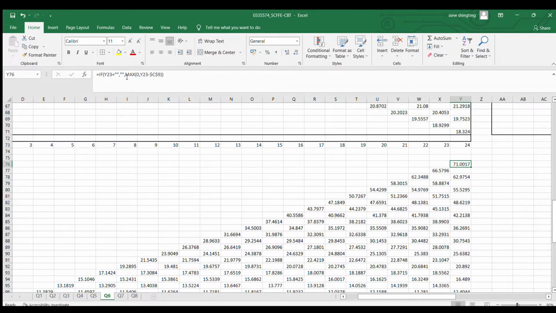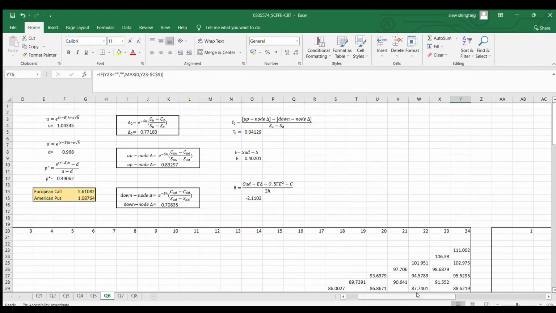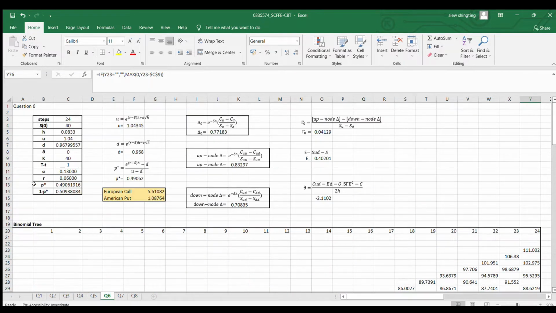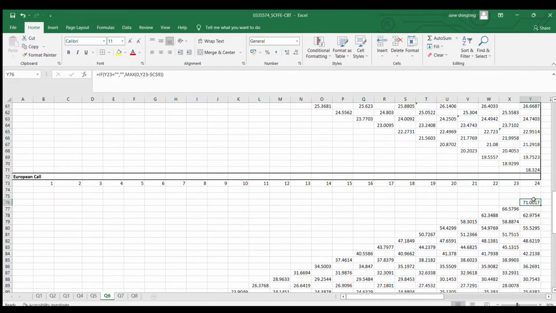So we set the maximum of 0 and the period 24 price, 111, minus C9, which is K, the strike price. So we get the answer of 71.